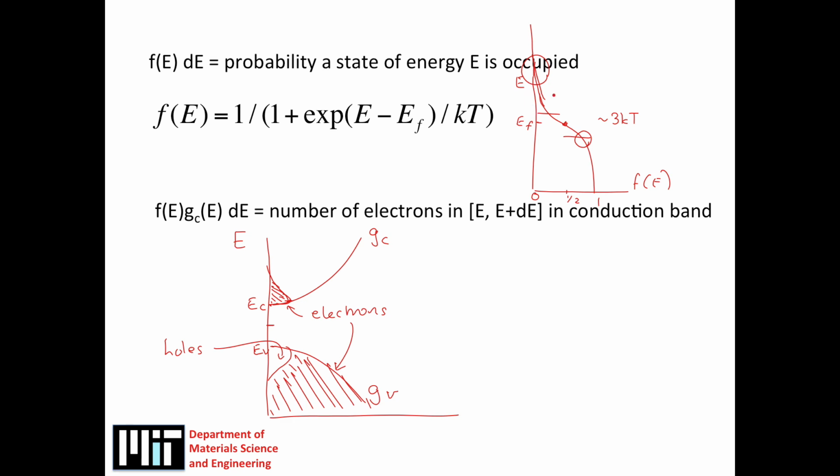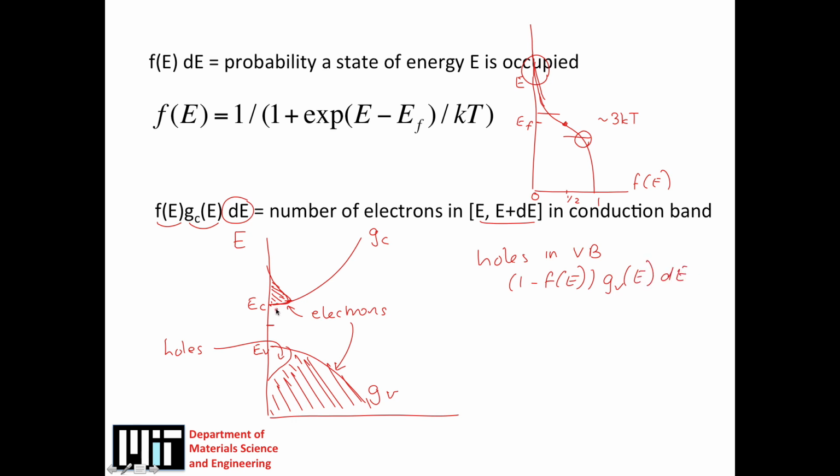So the number of electrons we can write down within some energy difference delta E is just f of E times g of E, so it's gC of E in the conduction band. Or we could write the number of holes in the valence band in the energy range between E and E plus delta E as just 1 minus f of E times GV of E dE, like that.